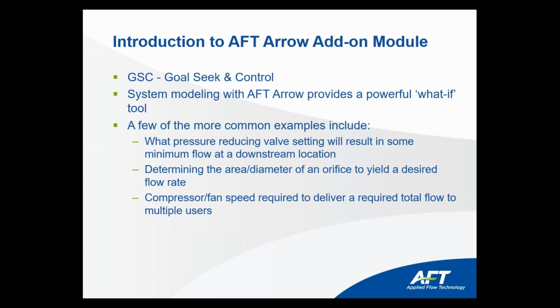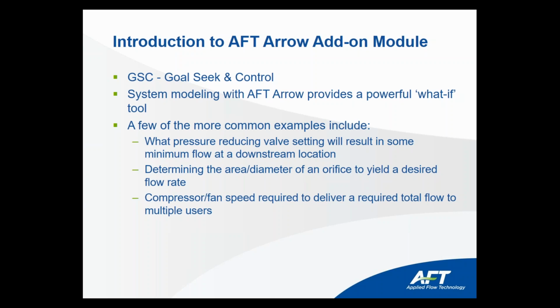Now the goal seeking control module, or GSC as we refer to it, allows you to answer powerful what-if questions. A common example here would be what pressure reducing valve setting will result in a minimum flow rate at a downstream location, or determine the area of an orifice in order to yield a desired flow rate, doing some orifice sizing.